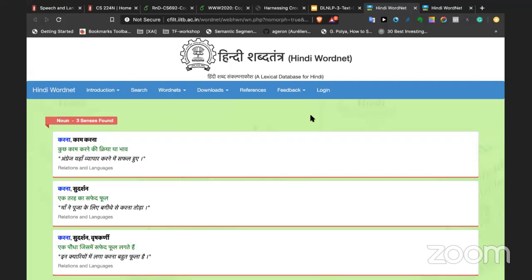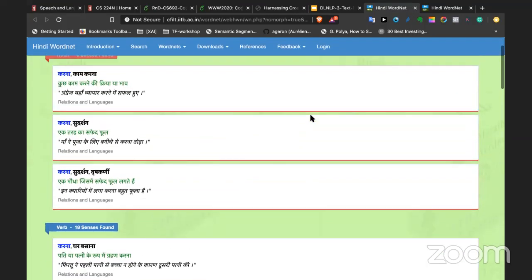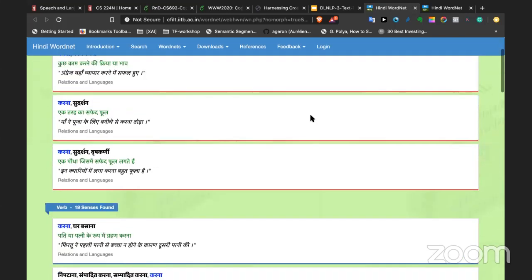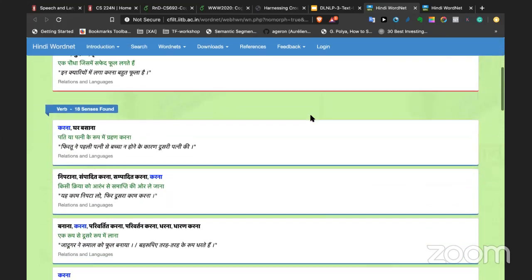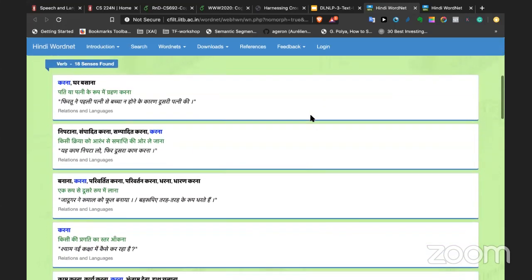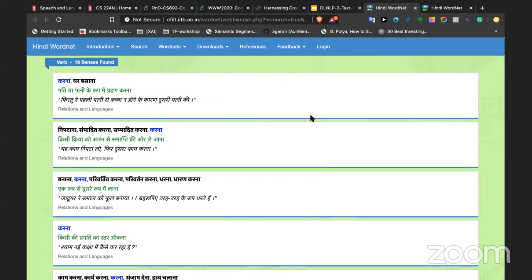But let's just try and think of this as a dictionary which can represent word synonyms and word senses to you. Okay, so if you look at it, Prashant, if you can just scroll down a little, you have 18 different verb senses for the word karna. So you might say कार्य करना, और या फिर काम निपटाना, और काम करना.